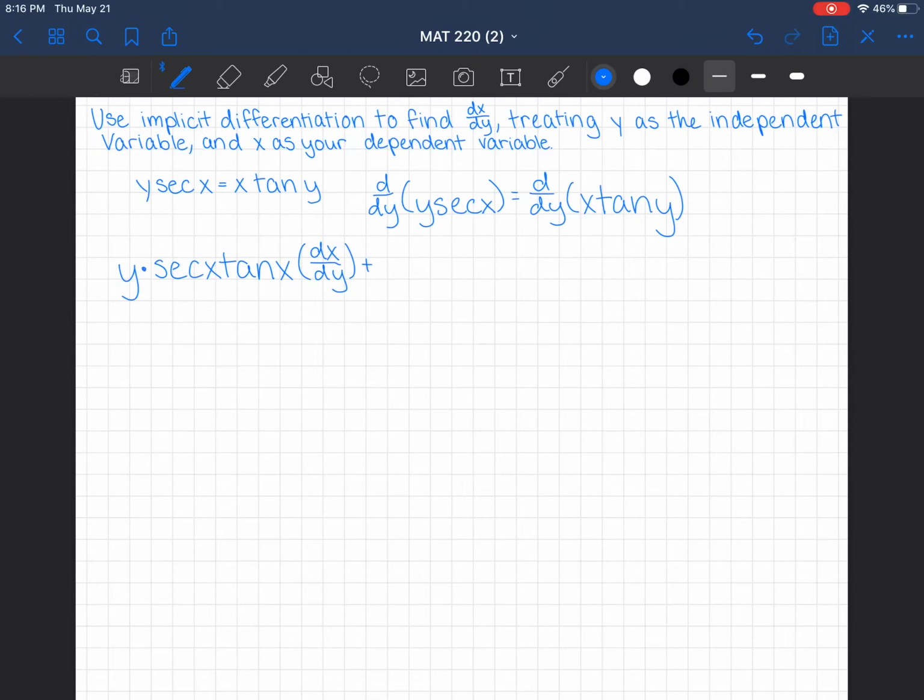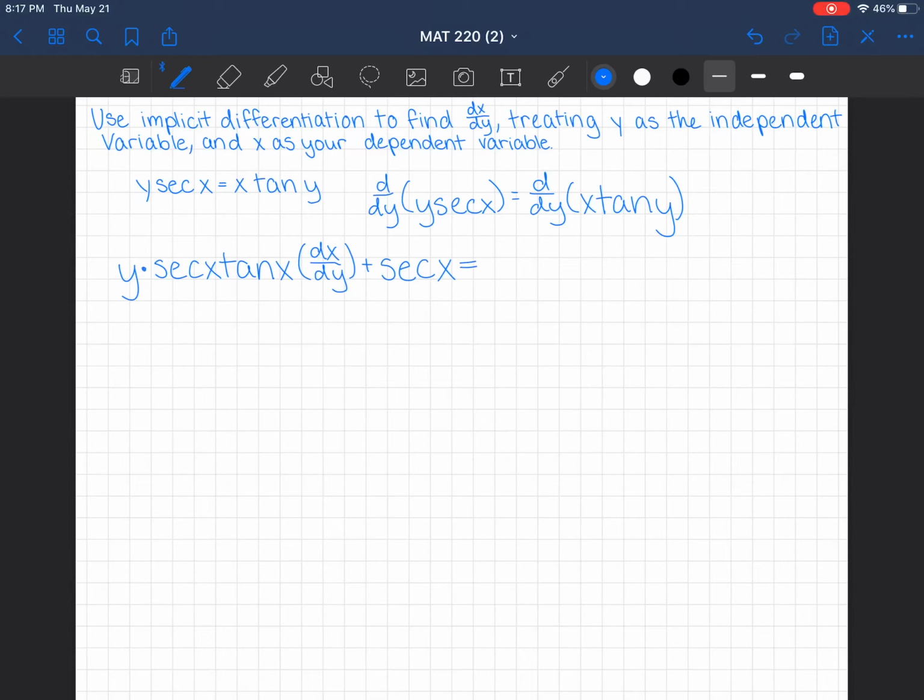And we multiplied the derivative of that first term, that 1, by our second term, so that will just end up being secant x. So I am kind of putting together a couple steps here, so just in case you miss that again, the derivative of the y ends up just being a 1, and then that's multiplied by our second term here. So then this ends up being the product rule of this here.